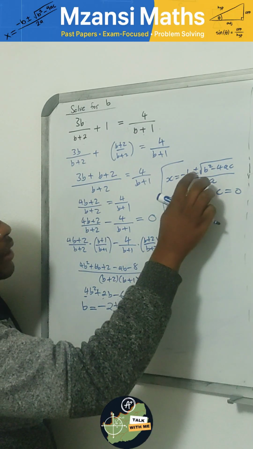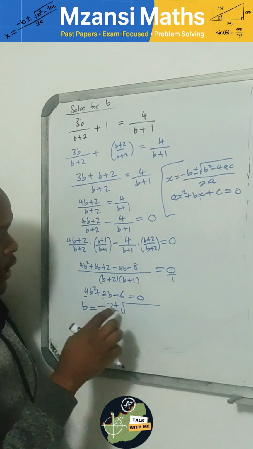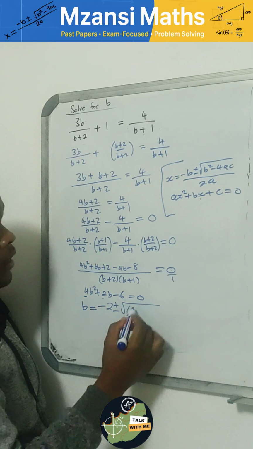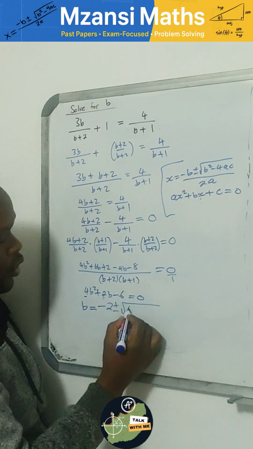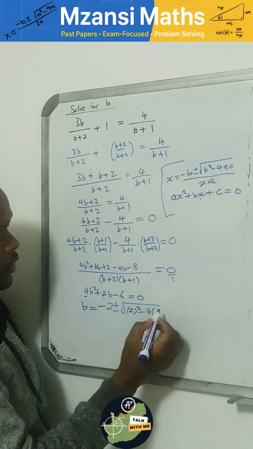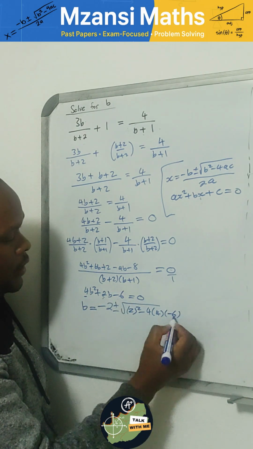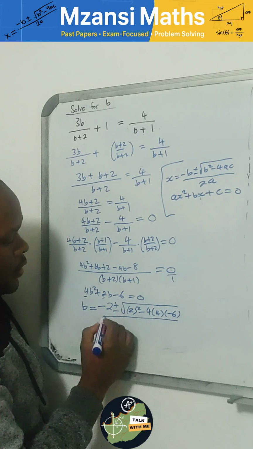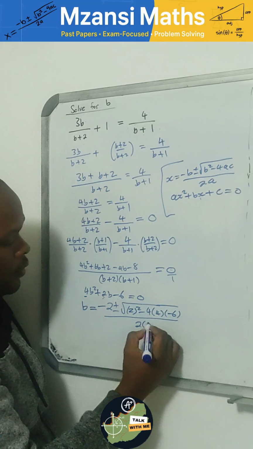So minus b plus or minus the square root of b squared minus 4ac over 2a. You'll have the coefficient of b there is 2. 2 squared minus 4, a is 4, c is minus 6, right? Over 2a, a is 4, right?